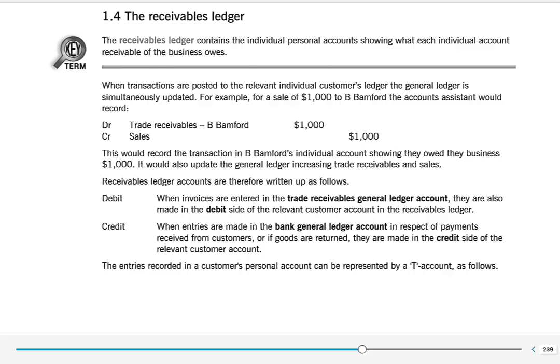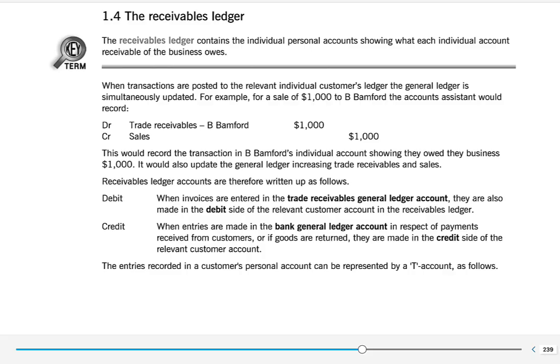On the credit side of a customer account, you record anything that reduces what the customer owes. Two common items are payments received from the customer and credit notes, meaning returns or allowances. So credit side equals reduction in customer debt. Debit in the customer account means the customer owes us more. Credit in the customer account means the customer owes us less.